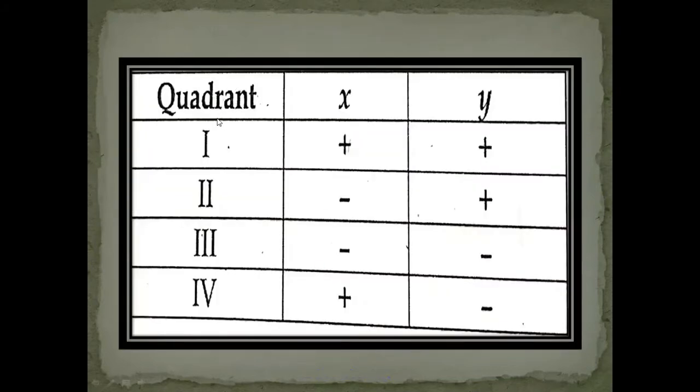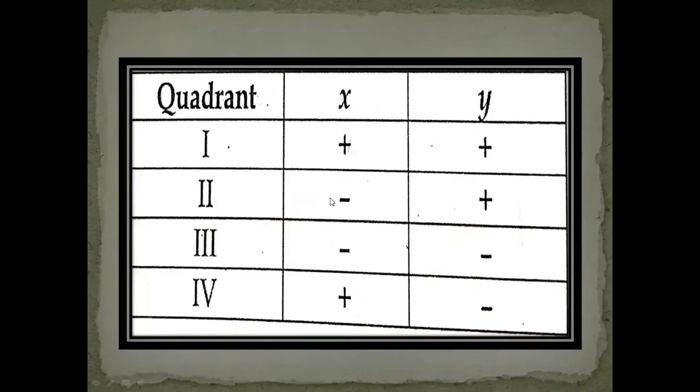Now, if in one ordered pair both the components x and y are positive, this ordered pair belongs to the first quadrant.